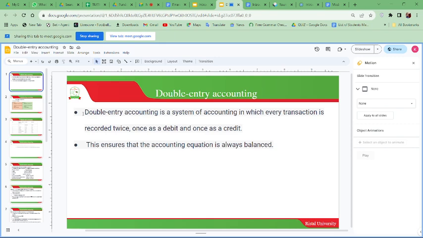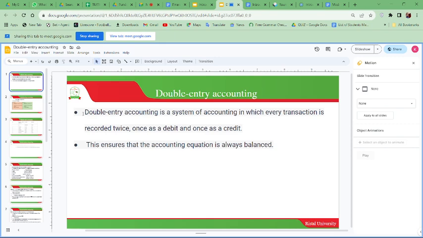When we talk of double entry accounting, what comes to our mind? A double entry accounting is a system of accounting in which every transaction is recorded twice, once as debit and once as credit. As you hear the word double, it's like recording something two times, that is twice.